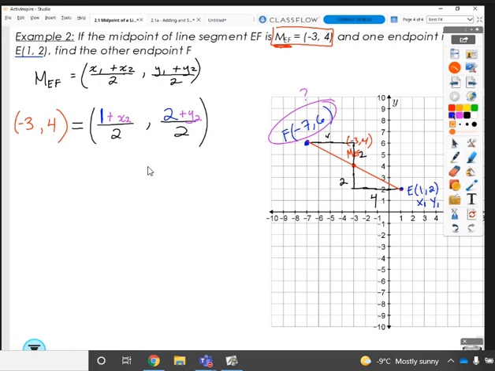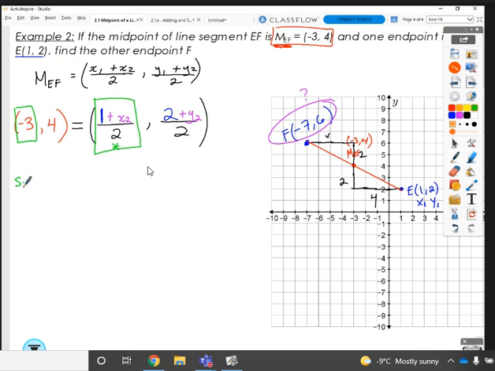What we do know is that the result of 1 plus something divided by 2 must give us an answer of -3, because the midpoint is the answer, and it's the average of the x's that is how we get that -3.